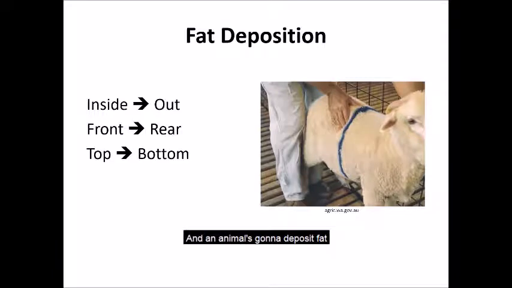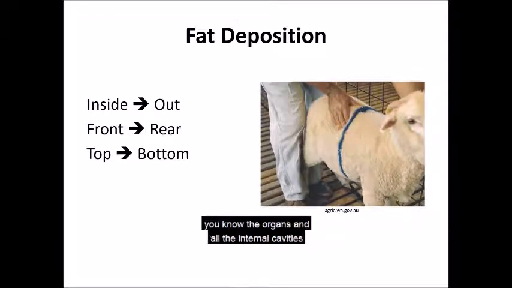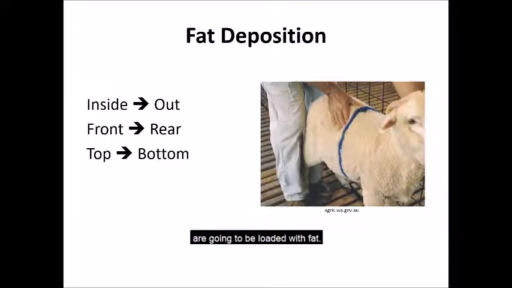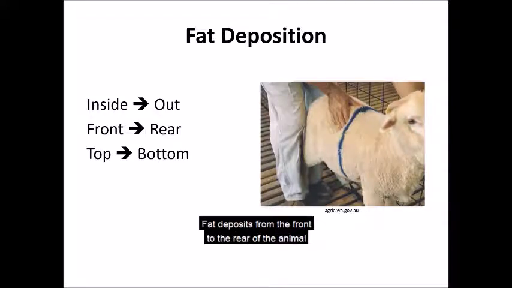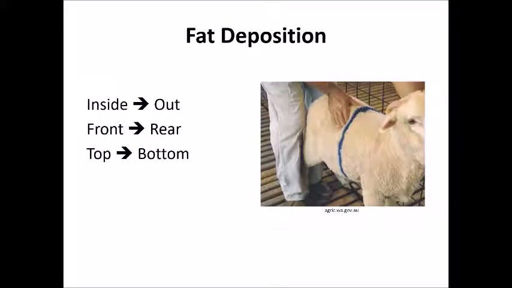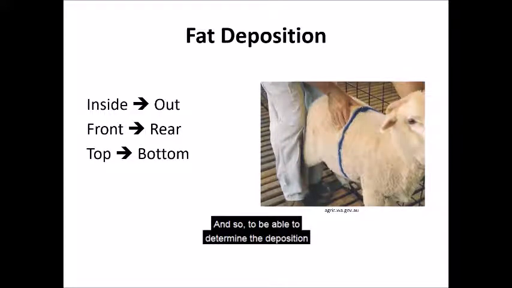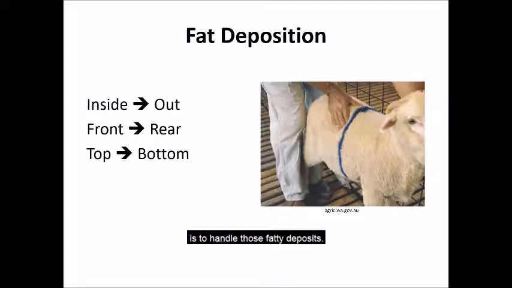And an animal's going to deposit fat from the inside out. So if you see an animal that's fat on the outside, you know the organs, all the internal cavities are going to be loaded with fat. Fat deposits from the front to the rear of the animal and from top to bottom. And so to be able to determine the deposition of those tissues, one of the things that is pretty necessary with sheep, particularly if they have long fleece and the eye is misleading, is to handle those fatty deposits.